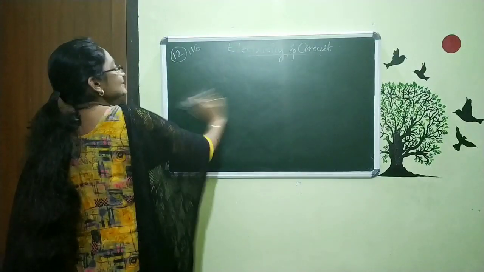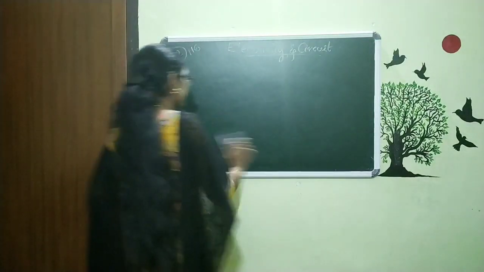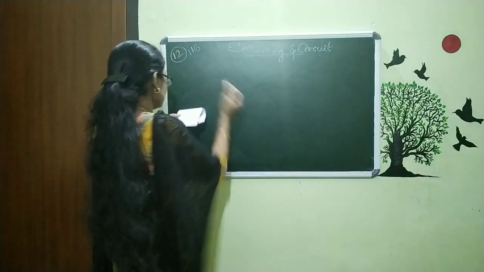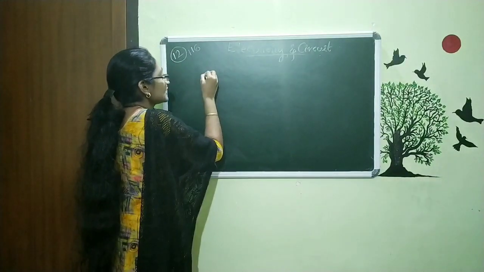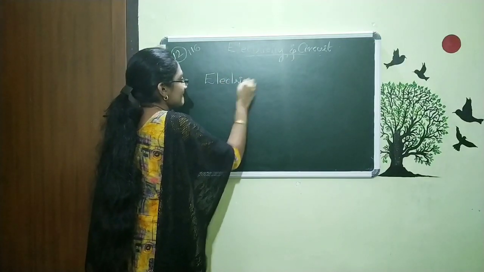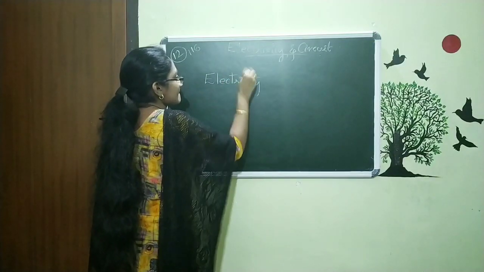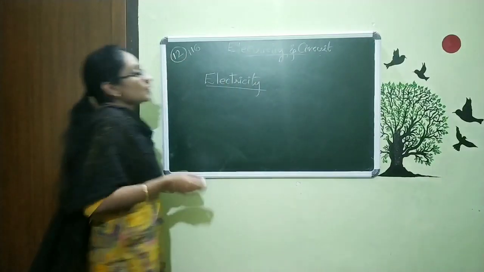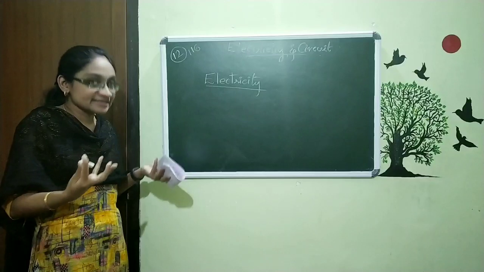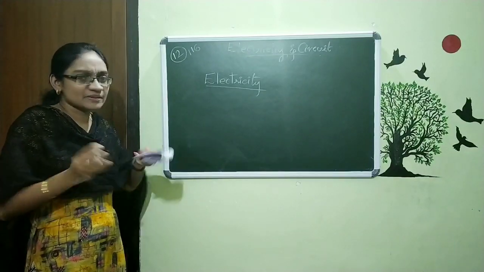You will study this electricity in detail in your higher classes. Now we are only talking about just the outline. So the question is, where are we getting the electricity? Actually, we are making the electricity, but actually that's not a proper statement.